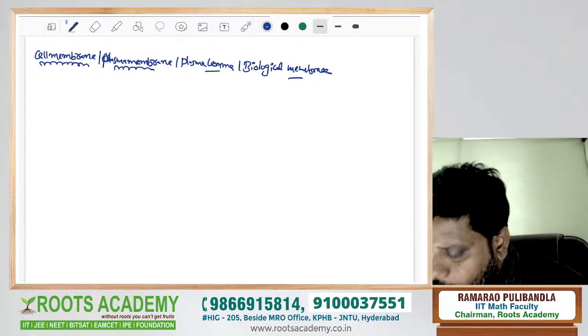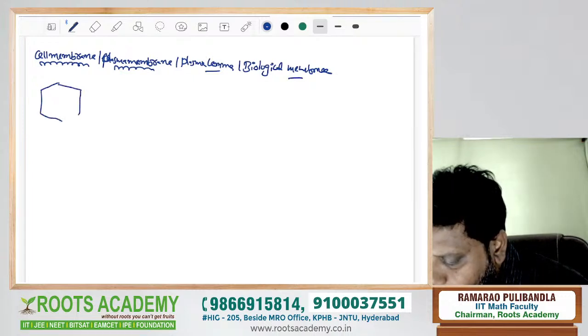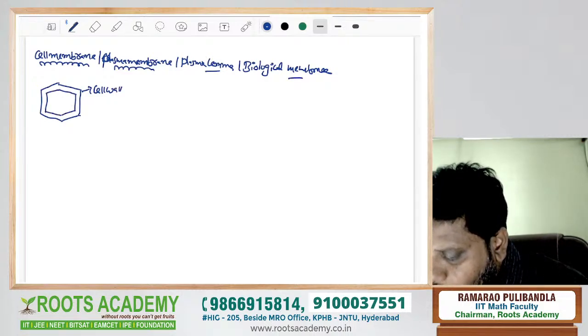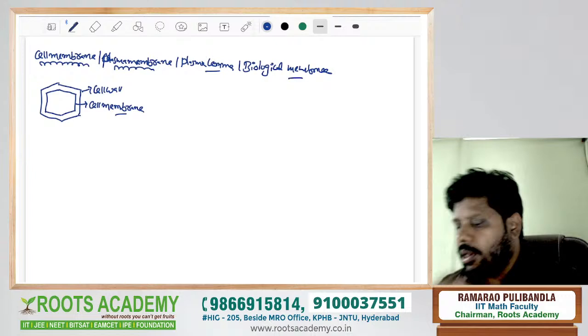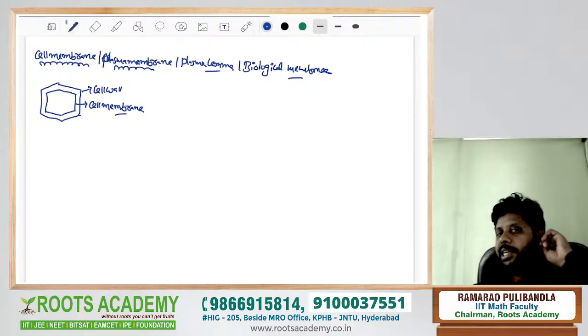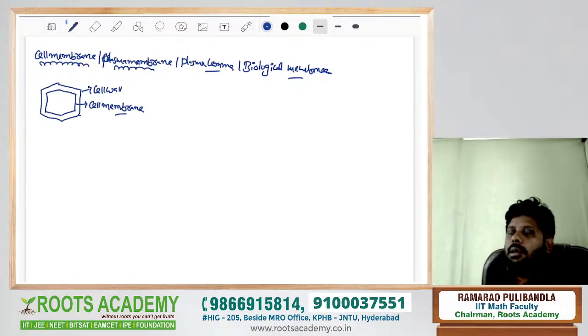Where is it located? See, this is the plant cell. The plant cell is surrounded by what? Cell wall. The layer which is present below the cell wall, that layer is called the cell membrane.